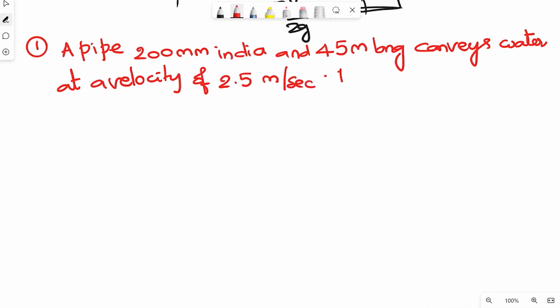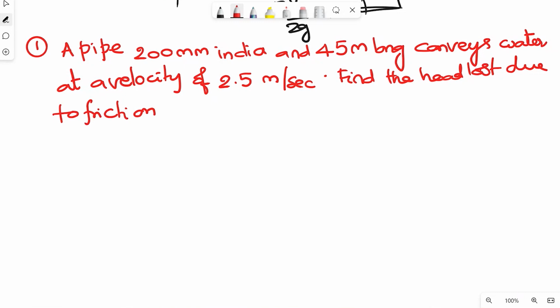Find the head lost due to friction. F is equal to 0.024. So, let us go into the solution.